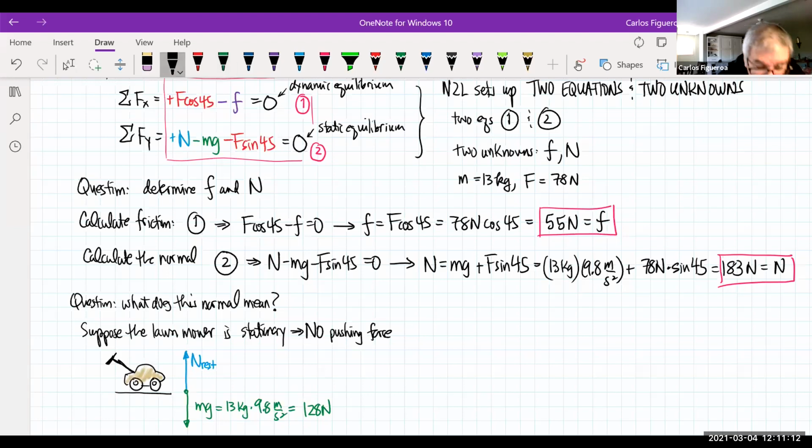Because it's at rest, the net force is 0. This means the ground has to push up with 128 newtons.